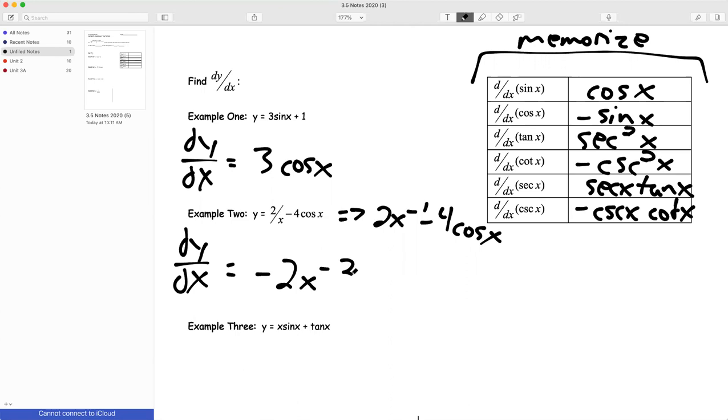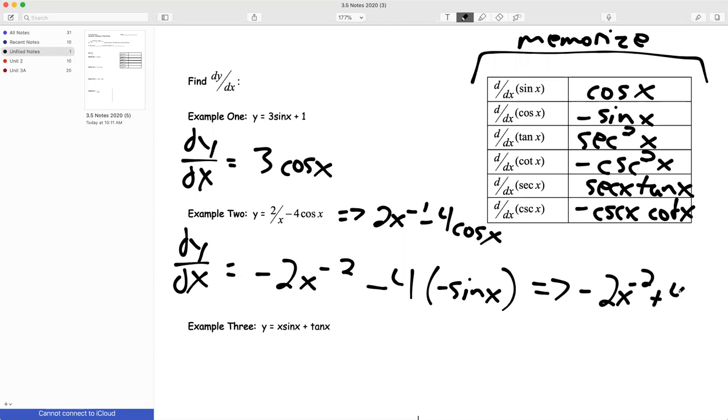Anytime you have a numerical value in front of the trig function, you can just bring it down like we did right here. And then I need the derivative of cosine of x, which is negative sine of x. And so let me clean this up a little bit. We got -2 x to the -2 plus 4 sine of x.